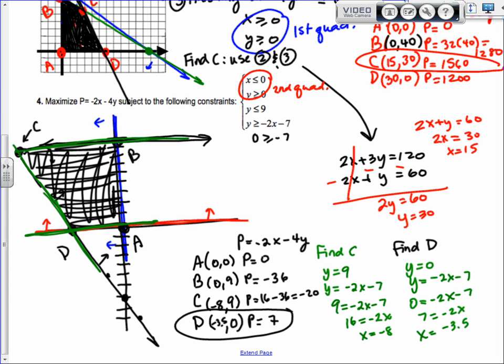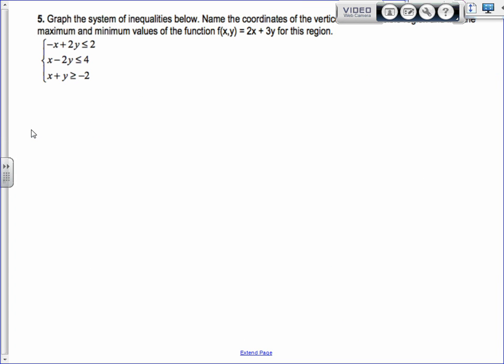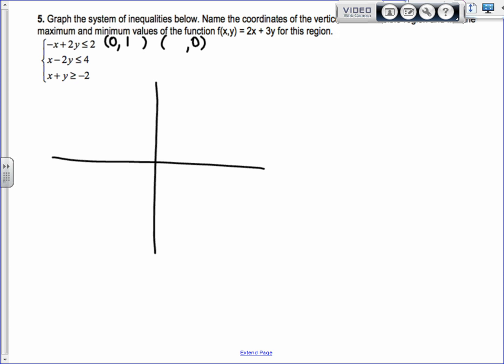All right, one more. Think we can handle it? Okay, so let's try to graph it again. So it says graph the system of inequalities below. Okay, so this first one, if I do my x-intercept and my y-intercept, if I plug in 0 for x, my y-intercept is 1. If I plug in 0 for y, my x-intercept is negative 2.